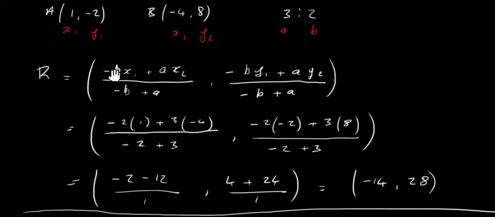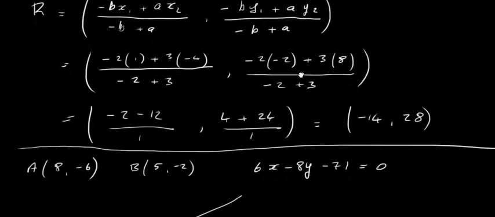So it's going to be minus b, so minus 2 times x1, which is 1, plus a, which is 3, times x2, which is minus 4, all over minus b plus a. So it's minus 2 plus 3. Same thing over here, you do exactly the same thing again, but this time you're using the y coordinates, y1 and y2.